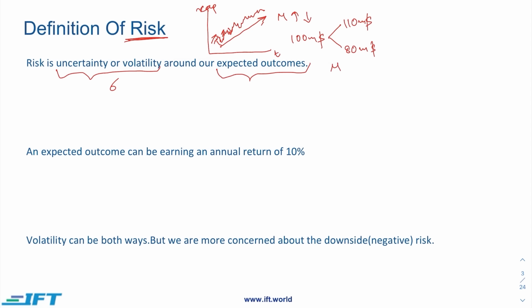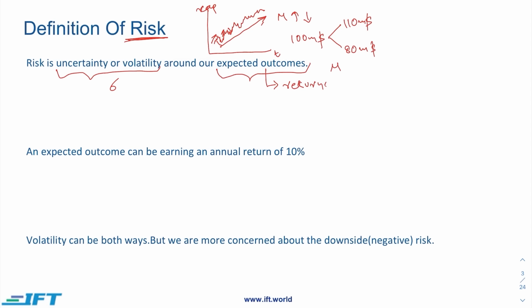So whenever we are investing in the financial markets or whatever business we are doing, there is a chance, there is an uncertainty, and there is a volatility around our expected outcome. When we talk about the financial market or investment in the financial market, we are generally referring to returns or a return series.